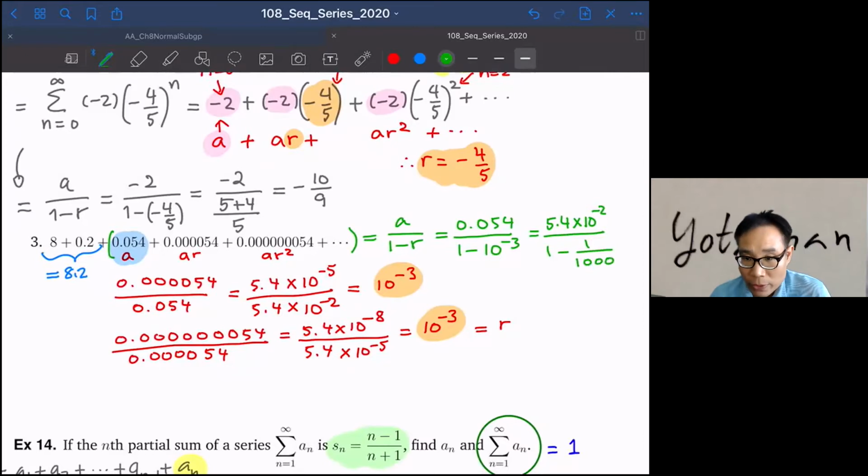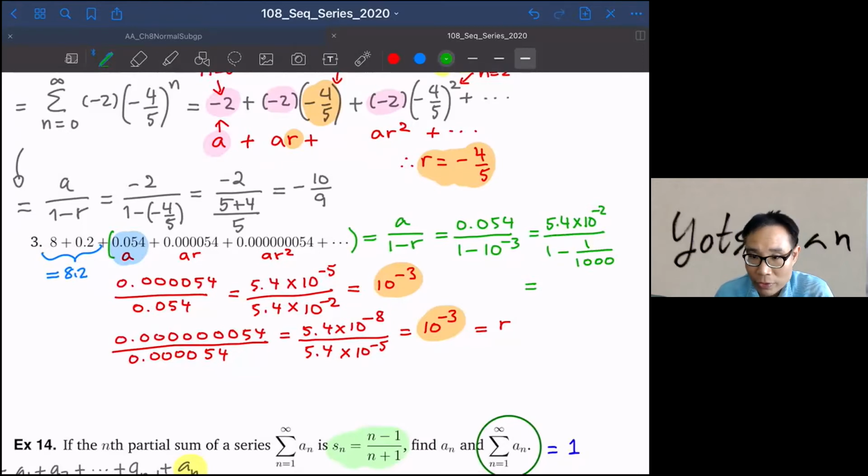If you calculate this correctly, it's gonna turn out to be 999 on the bottom.